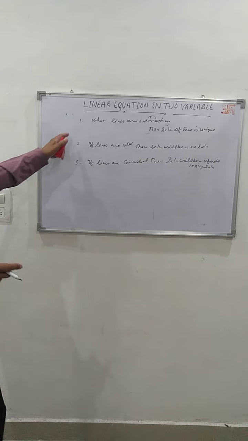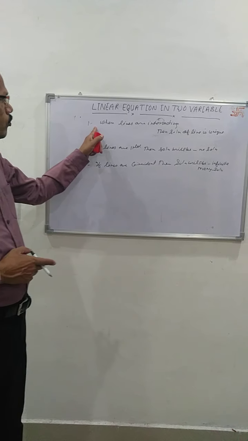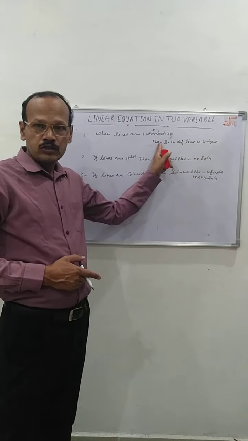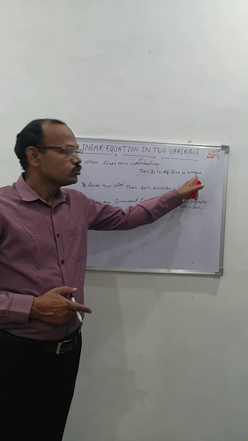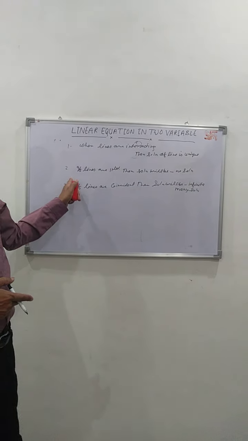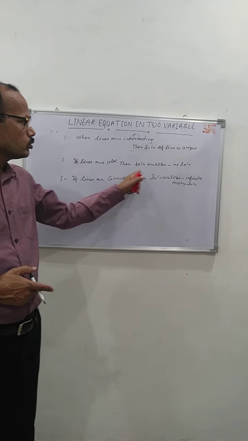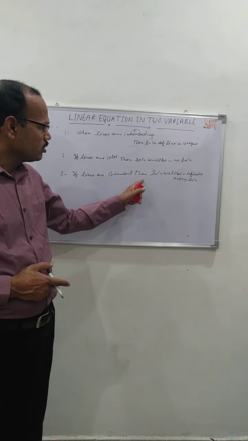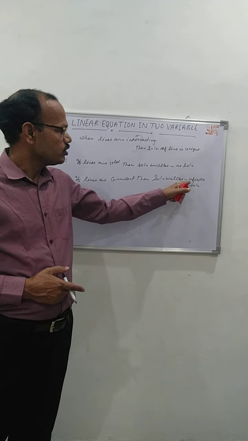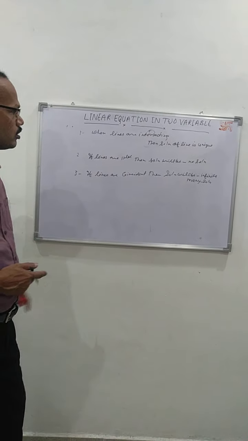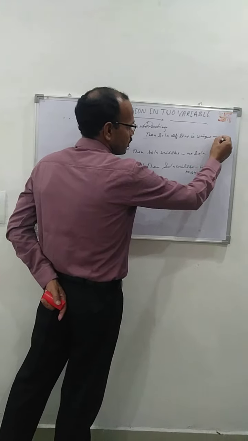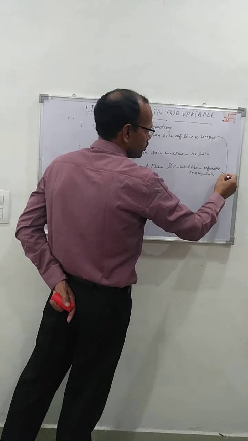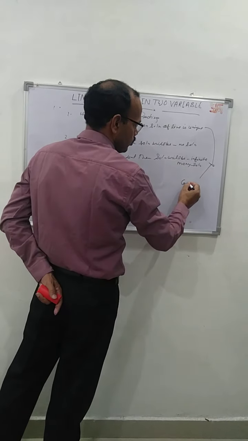So overall, in graphical representation, when lines intersect each other, the solution of that pair of equations will be unique. But when lines are parallel, then no solution is obtained. If lines are coincident, then there are infinitely many solutions. In the first case and third case, these solutions are also known as consistent solutions.